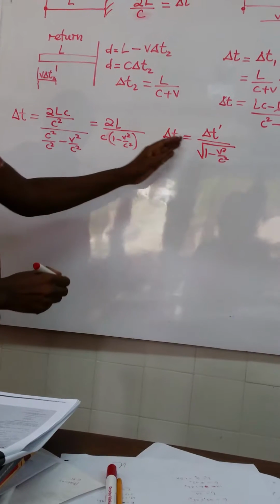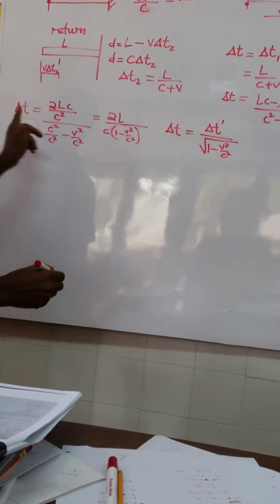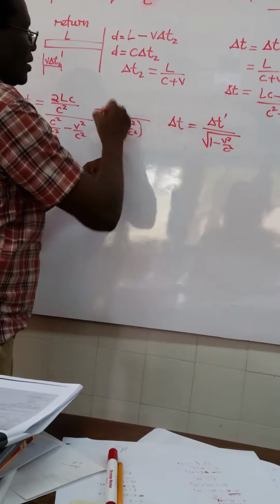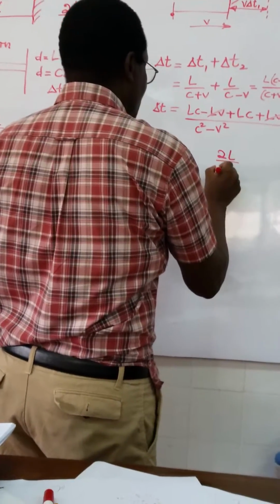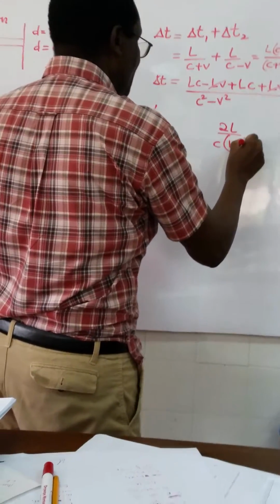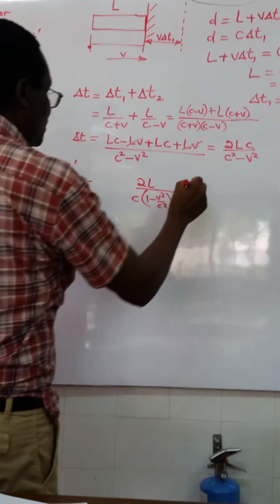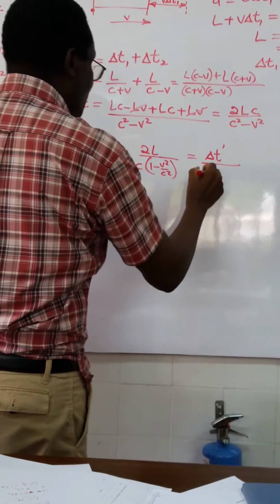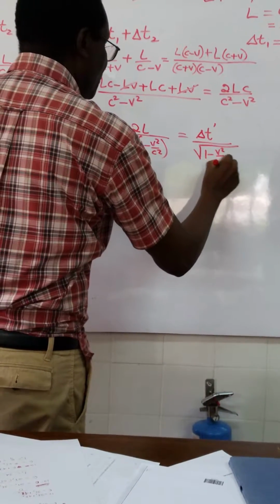So from this relationship, this is change in t, this is also change in t, so this must be equal to this. Therefore, 2L over c into 1 subtract v squared over c squared must be equal to change in t prime over root of 1 minus v squared over c squared.